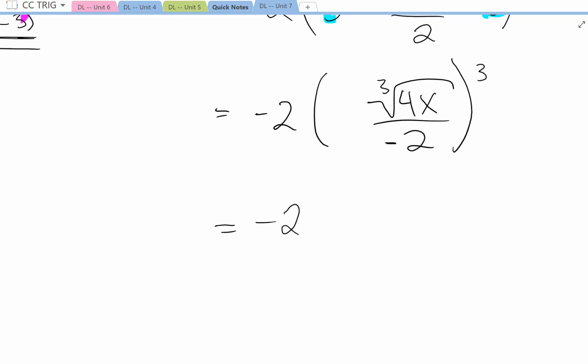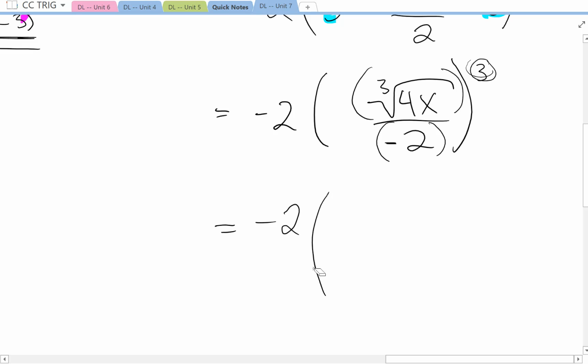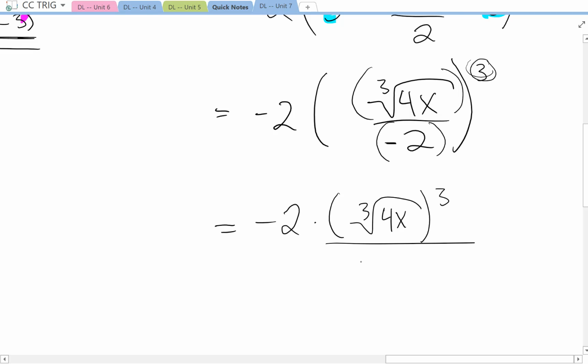But you could apply the little 3. You could say, oh, this means the numerator is being cubed and also the denominator is being cubed. And how do we write that? We'd say cube root of 4x is being cubed over negative 2 being cubed.